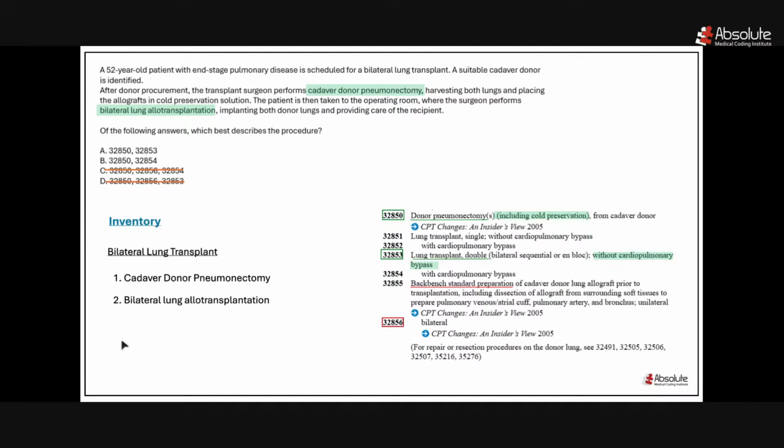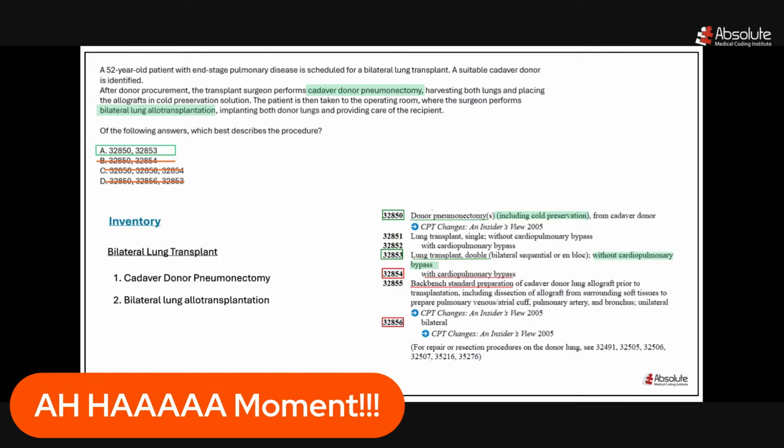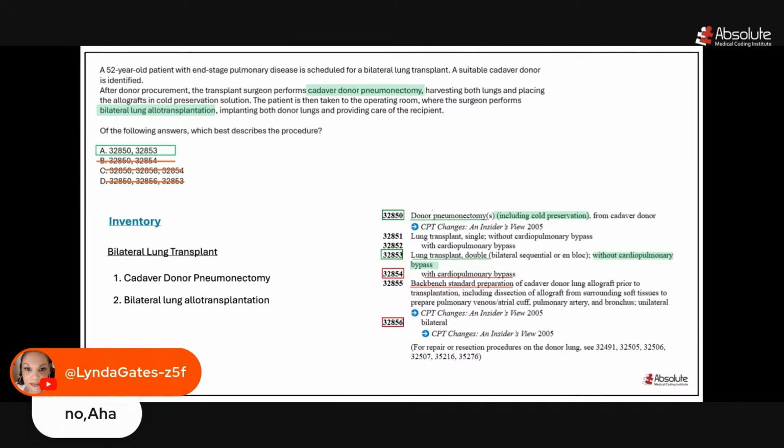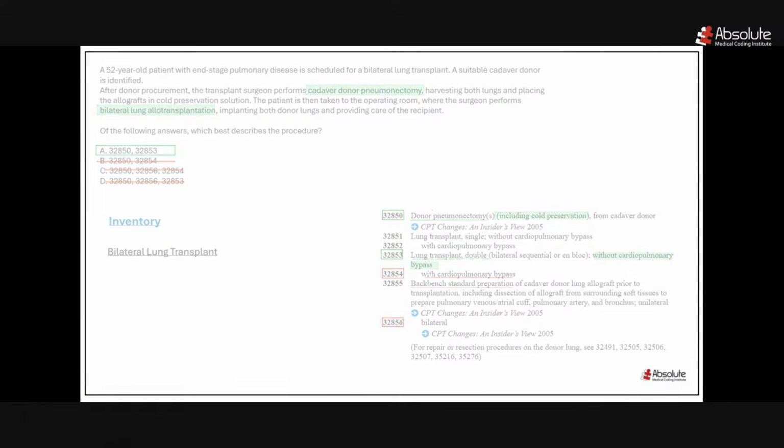This procedure was done without a cardiopulmonary bypass, which eliminates option B, and the best possible answer is option A. I can see a lot of people are changing, and I also saw an aha moment. So excellent job, coders. Be forensic. These are small topics, but be forensic so that you will get it right. Okay, let's move on. I have one more scenario. Let's move on to the next one.